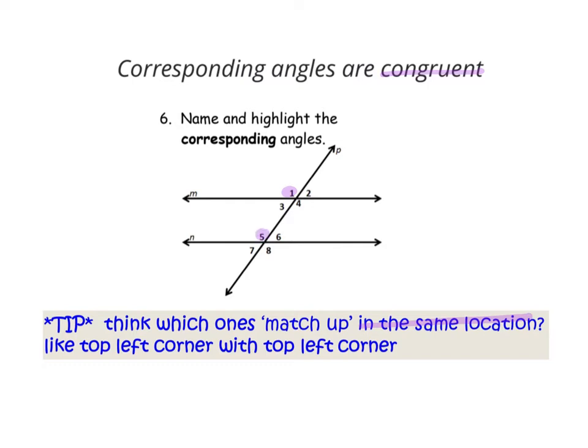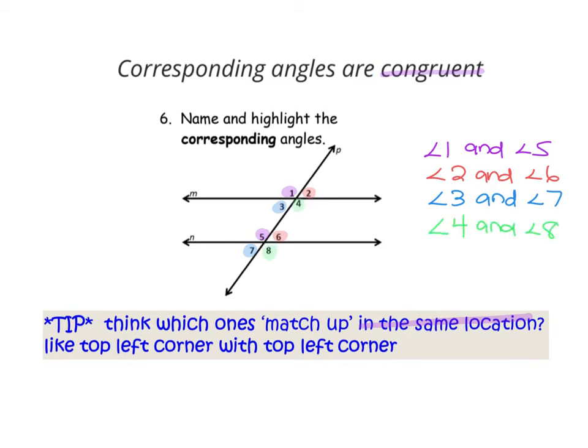So 1 and 5 are corresponding. Angles 2 and 6 are also corresponding because they are on top of the parallel lines, both on the right side. Angles 3 and 7 are corresponding. They're both on the left side and below the parallel line. And lastly, angles 4 and 8 are corresponding. So they're both on the right side and they're both below a parallel line.